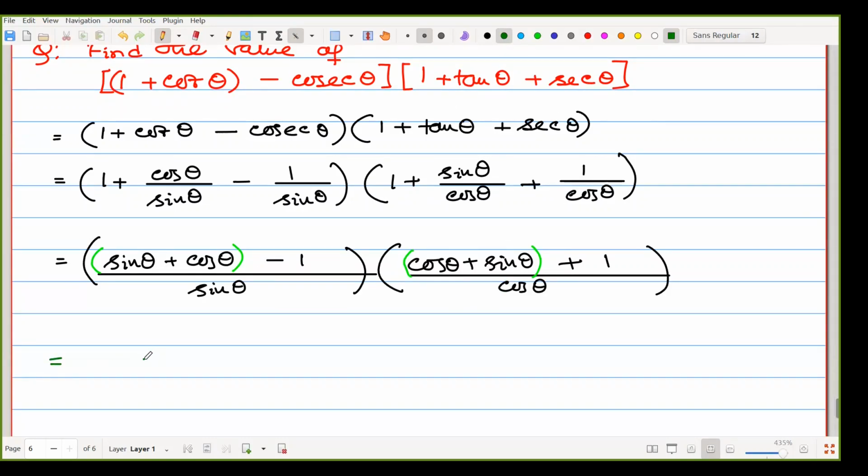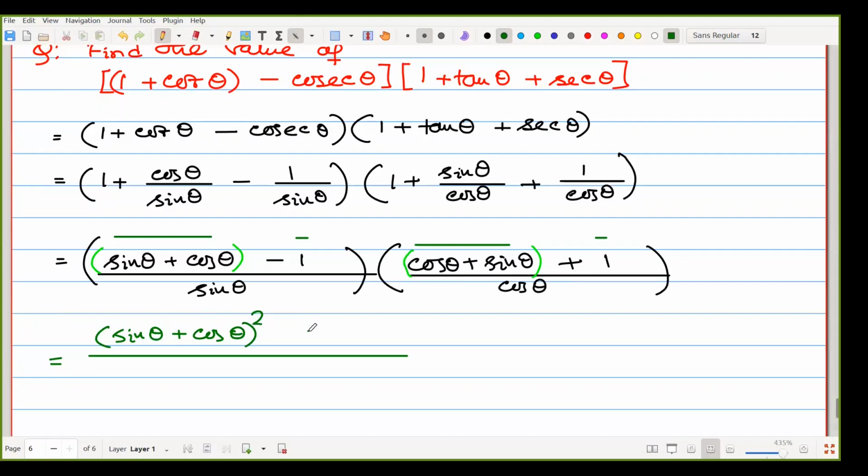So we can write it as a plus b. That one is our a, that one minus b, a plus b. So sin theta plus cos theta whole square minus 1 square, that means minus 1, and the denominator is sin theta cos theta.